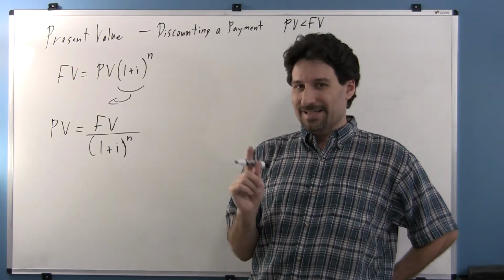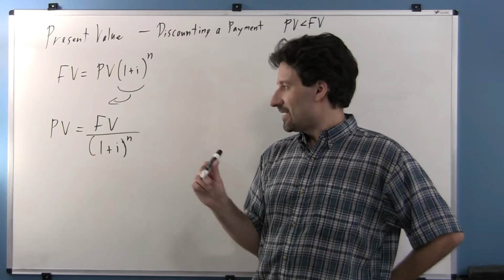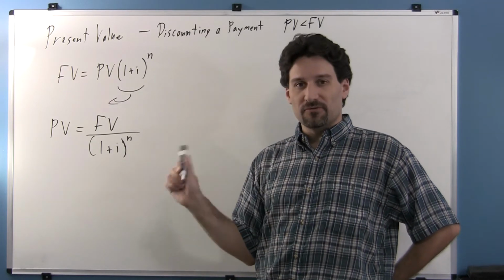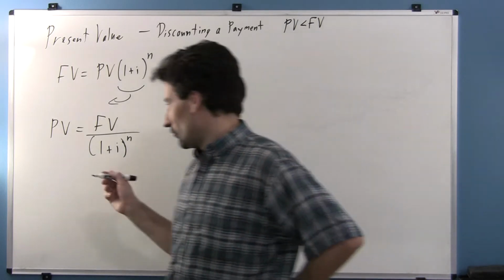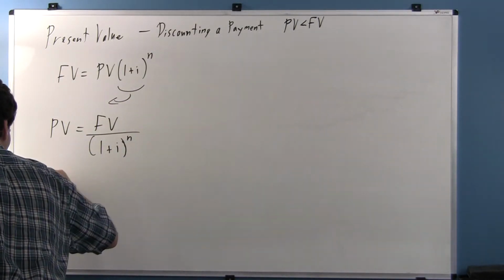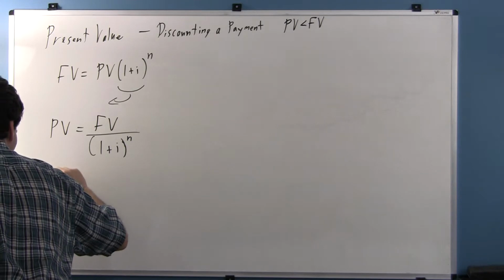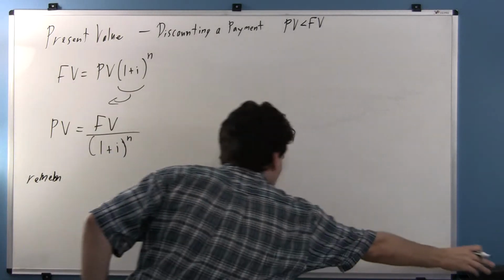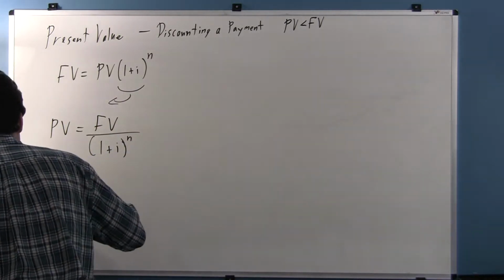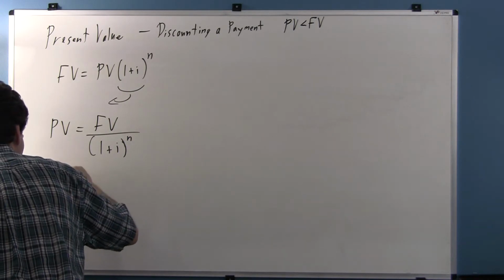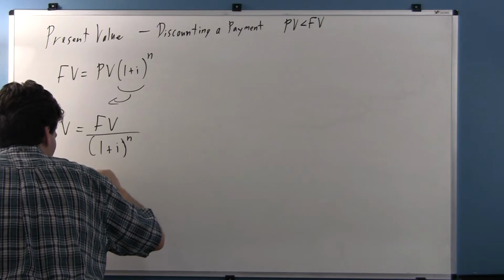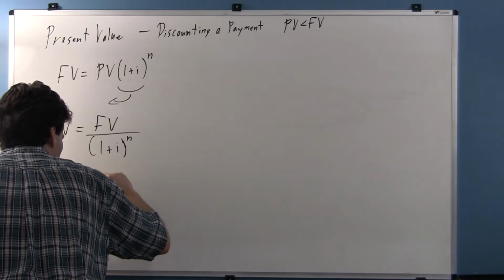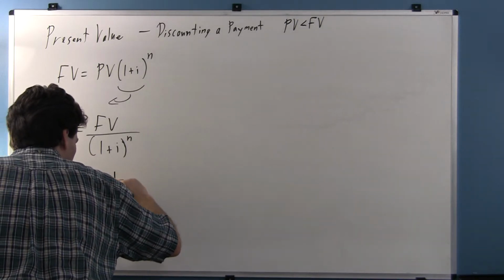But what's neat here is we already have an exponent involved. You may remember a certain exponent rule: x to the negative 1 is the same as 1 over x.